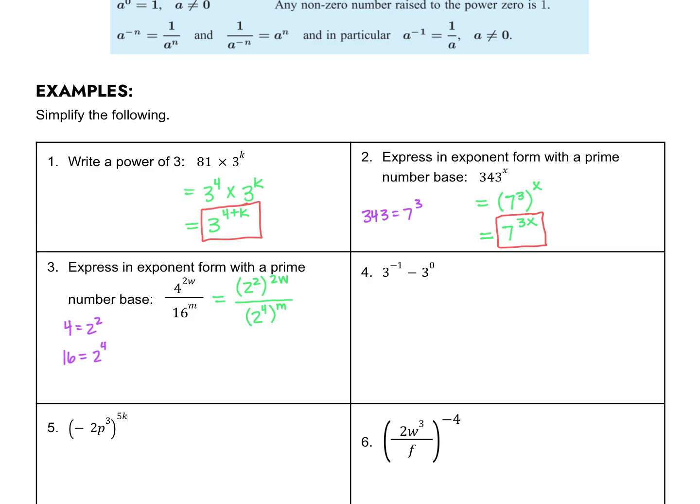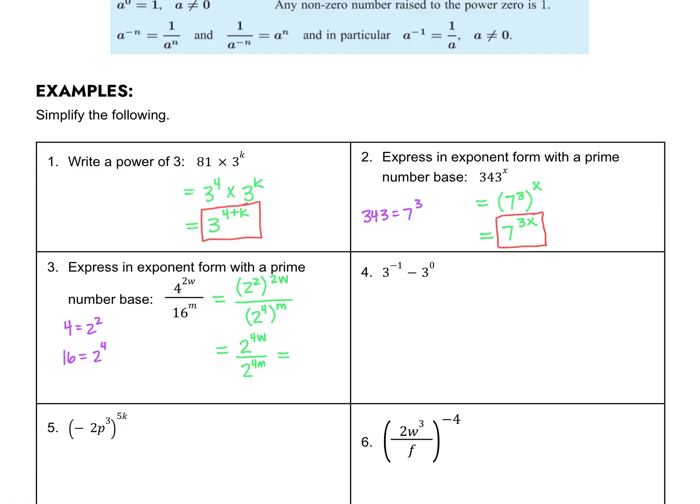So now I use my laws of exponents, and it states that when you raise a power to another power, you multiply the exponents. So we're going to have this as 2 to the power of 4w divided by 2 to the power of 4m.